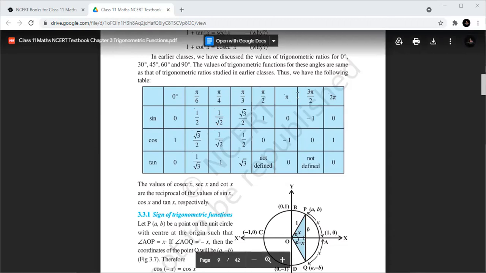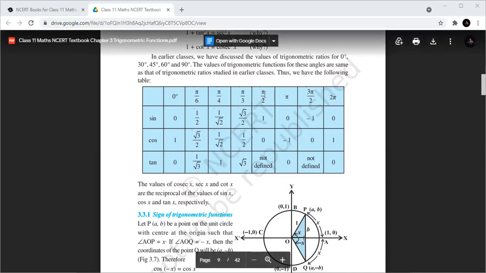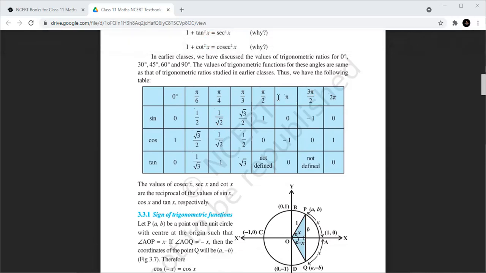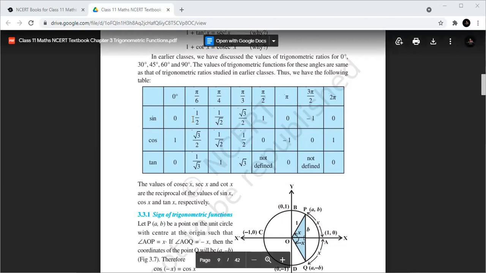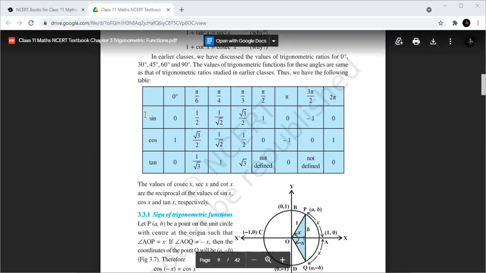Okay, then the next jump would be another 15 degrees, there say 45, and 60 degrees from 90 to pi straight away. So that would be 150 degrees, and for that the value will come out to be 1 by 2, and then 180 degrees, pi, pi by 2 plus pi by 2, that is 180 degrees, pi, that would again come out to be 0.